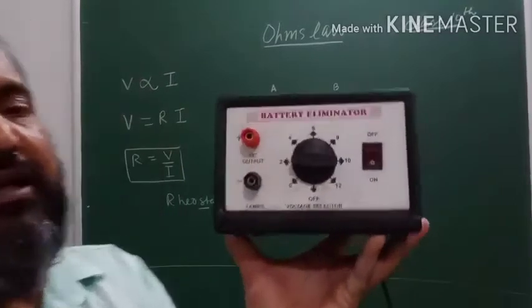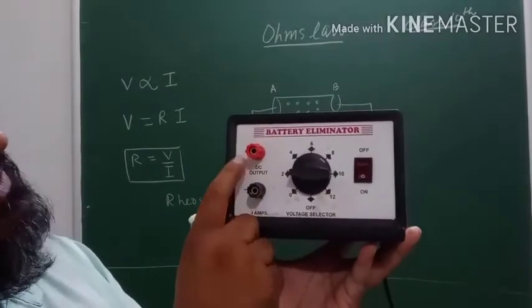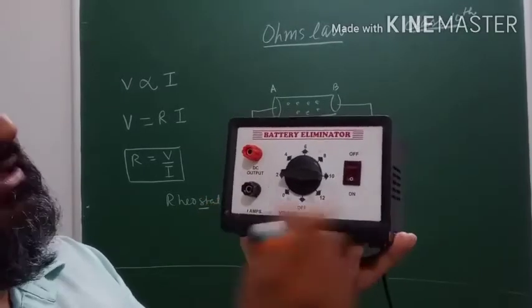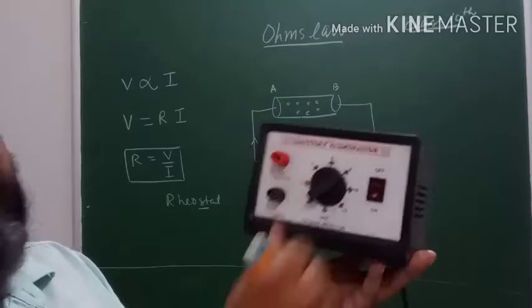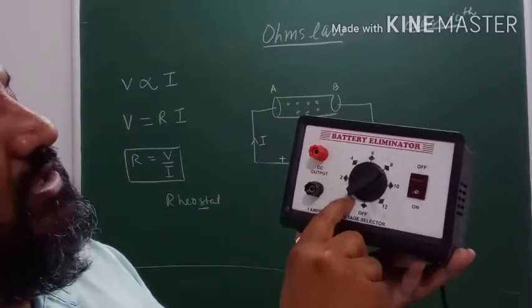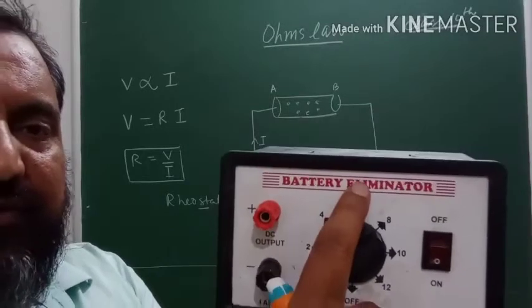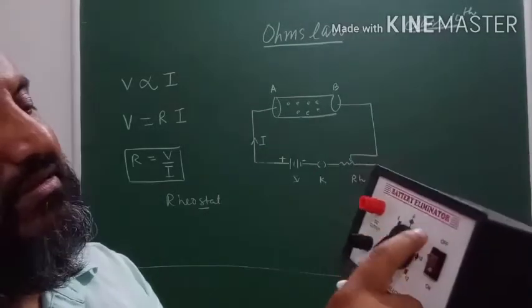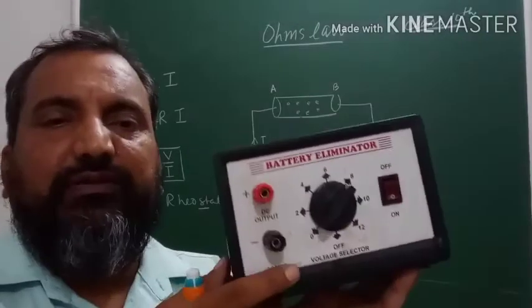This is a battery, the source of potential difference. The positive and negative terminals are marked, this is the on-off switch, and this knob gives the voltages: 0, 2, 3, 4, 6, 8, 10 and 12 volts.